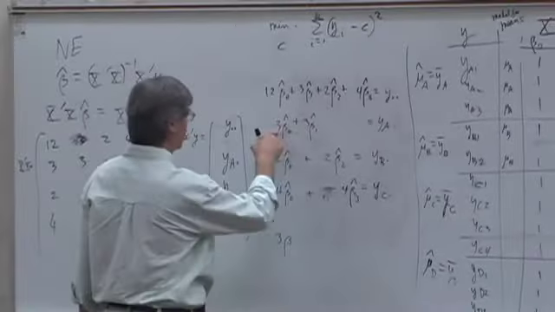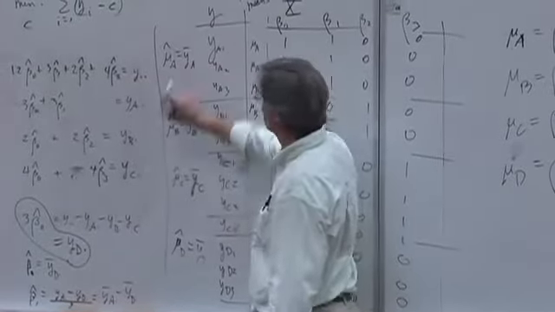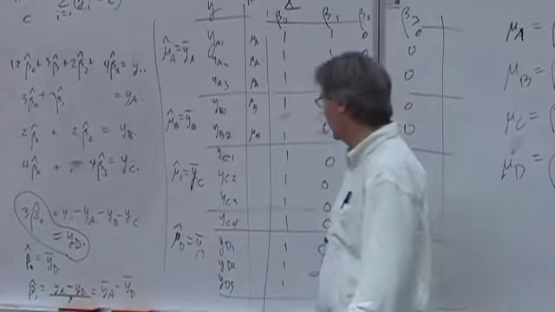Beta 1 hat is therefore y a dot minus y d dot divided by 3, which turns out to simply be y a dot bar minus y d dot bar. Okay, which is what you'd expect, because we saw that beta 1 was mu a minus mu d, mu d hat was y d bar, and mu a hat was y a bar, so that you're getting exactly what you'd expect.